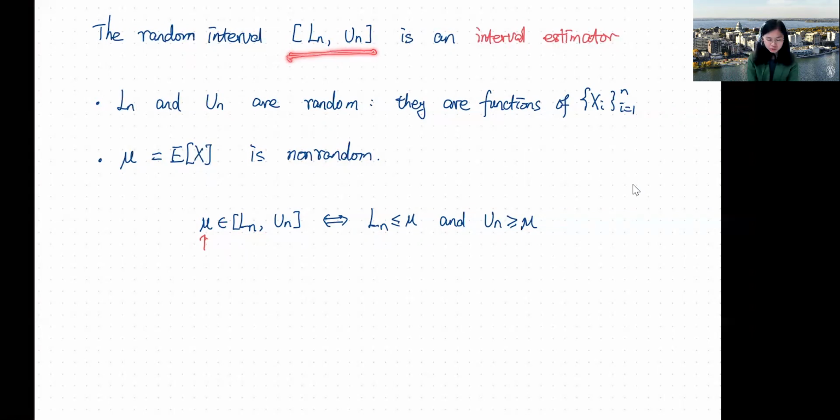So we want to choose this Ln and Un so that the probability of this event is equal to the desired confidence level.